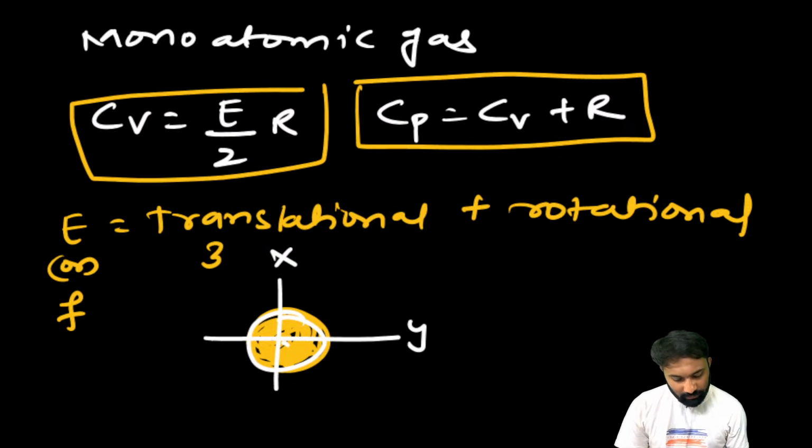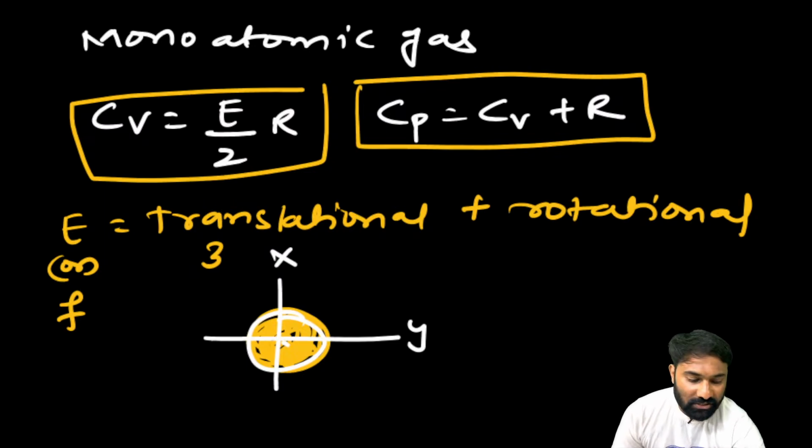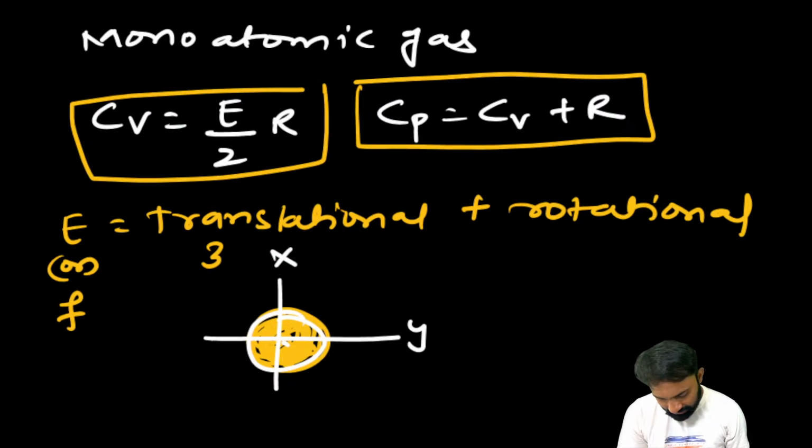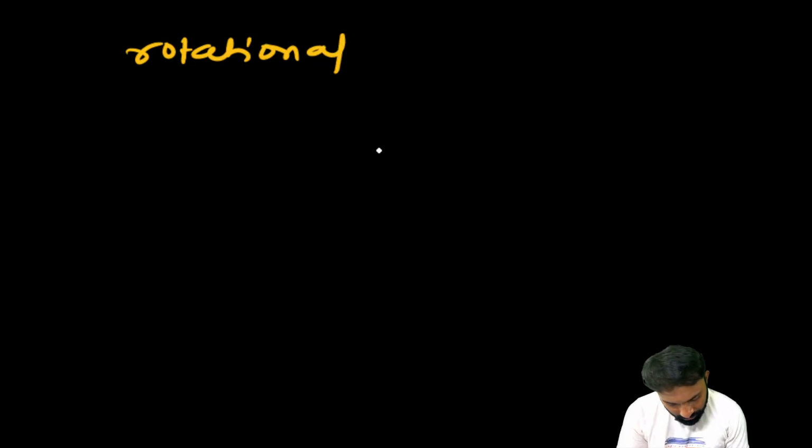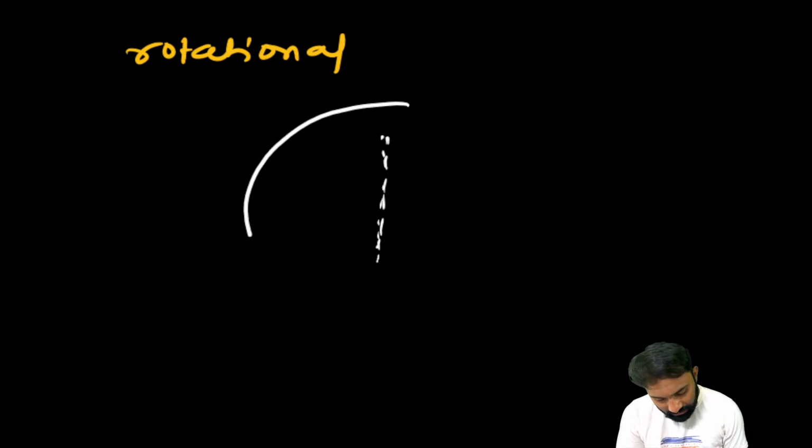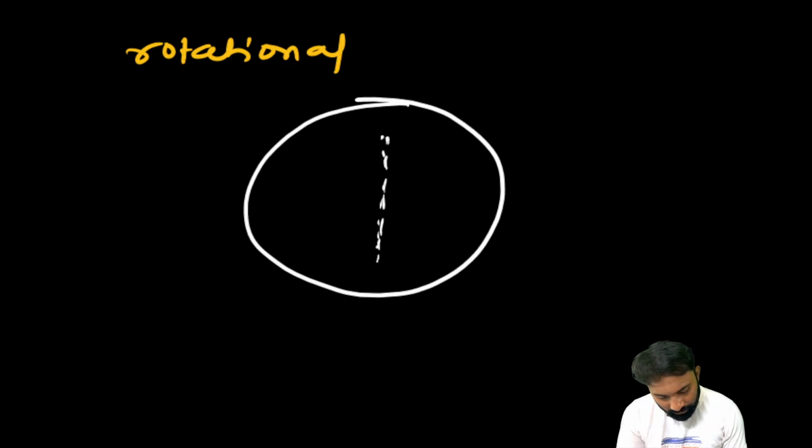Now rotation, my dear friends, you have to be very careful with the rotation. What is the meaning of rotation? Rotation and spin are different. Let's suppose this is one external axis. Rotational means, if anything is rotating around an external axis, then we can say this is a rotation.